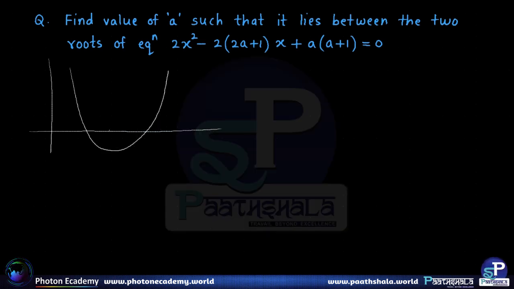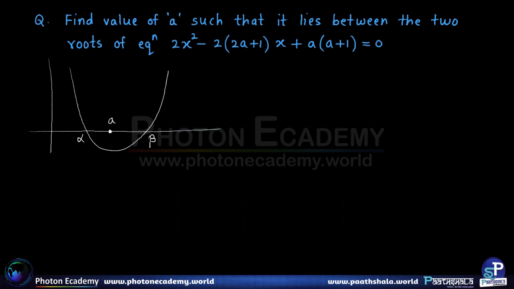Now here we are given that a lies somewhere between the two roots alpha and beta of the given equation. Now to have some constant lie between the two roots, let us try to recall the conditions for this particular situation.